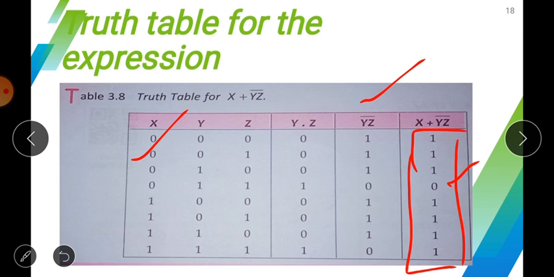So when you are asked to prepare a truth table for any given expression, you will have to do it in this manner. So what are the key points? Note it down. First of all, you should calculate the total number of variables from the expression. There may be a repetition of variables in some complex expressions, so write down clearly how many variables there are.